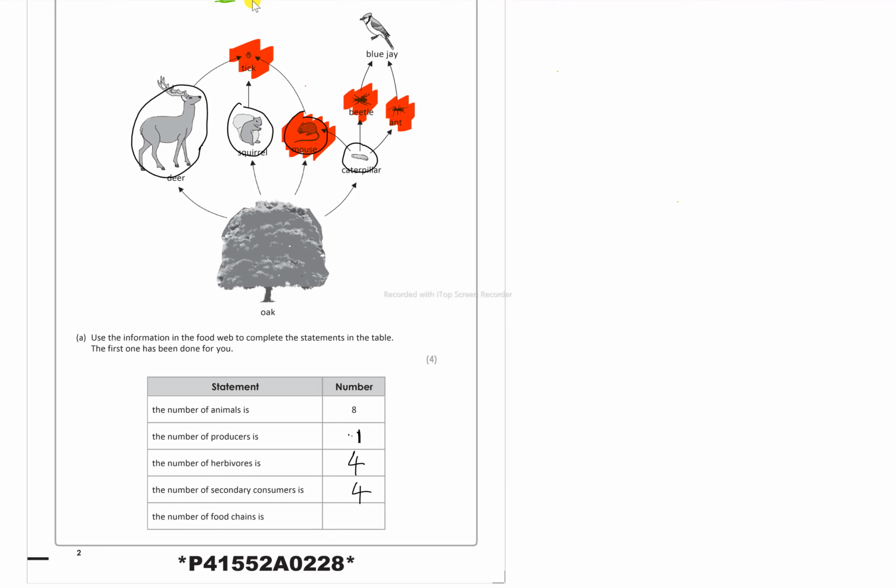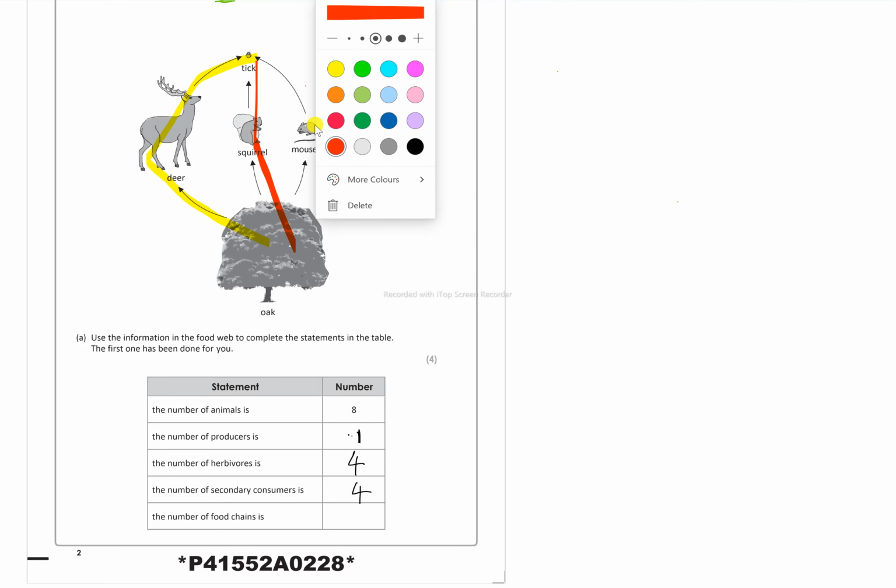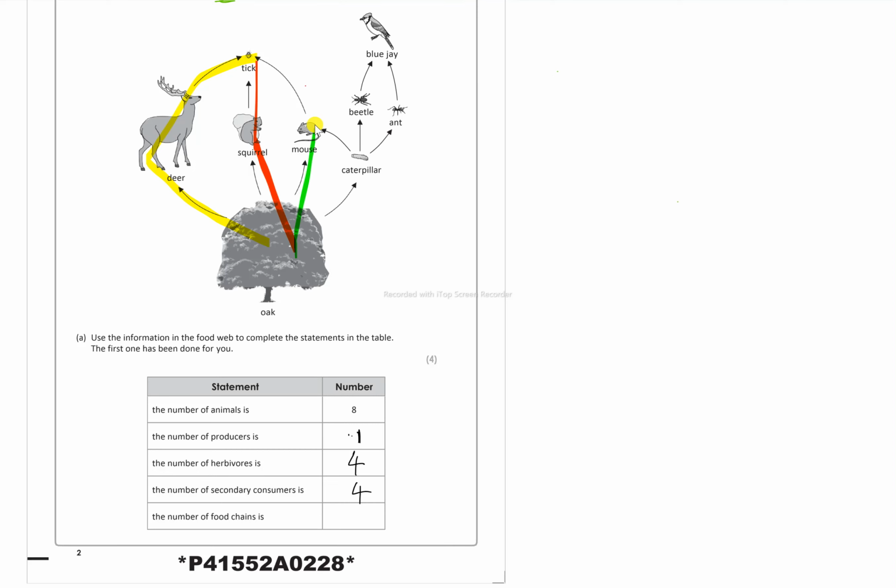Okay, let's get rid of all this. Let's try that again. Right, so yeah, that's all fantastic. Genius, that is. 1 food chain, 2 food chain, 3 food chain, 4 food chain.